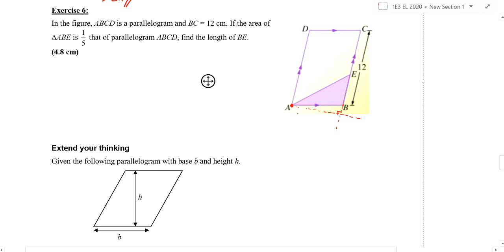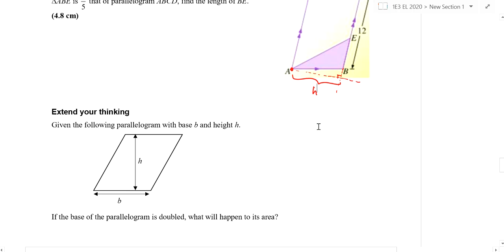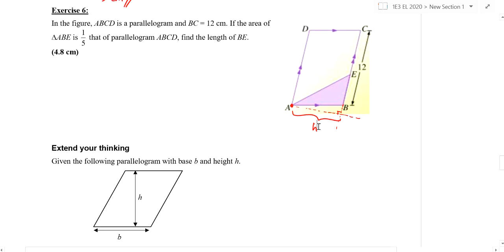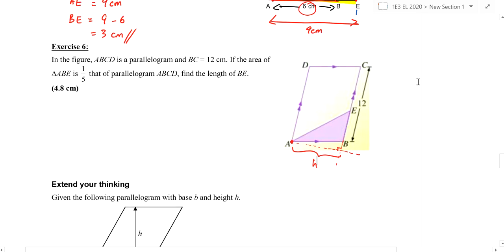This will be our perpendicular height for the parallelogram of base 12. By doing so, we will now also determine what our base of the triangle should be.